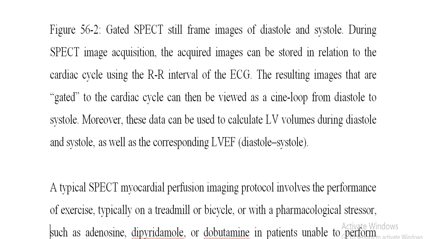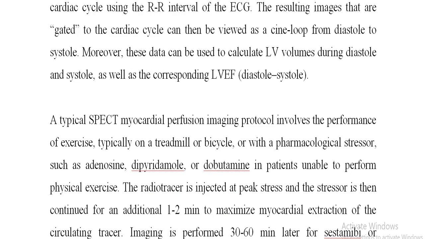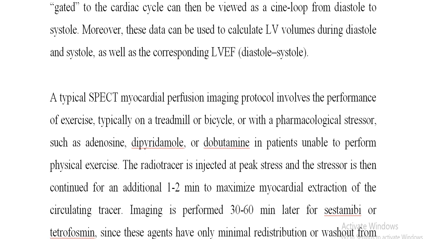A typical SPECT myocardial perfusion imaging protocol involves the performance of exercise, typically on a treadmill or bicycle, or with a pharmacological stressor, such as adenosine, dipyridamole, or dobutamine in patients unable to perform physical exercise.